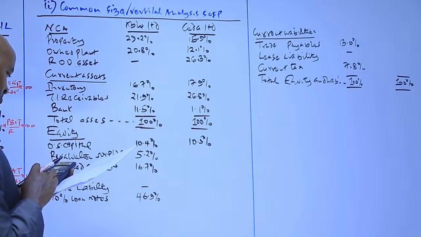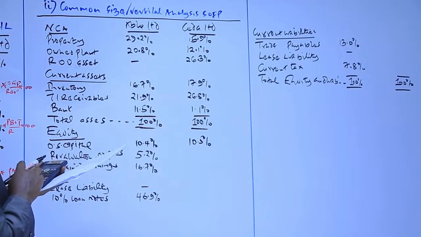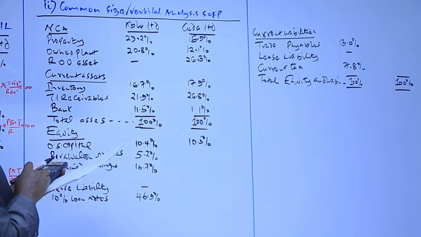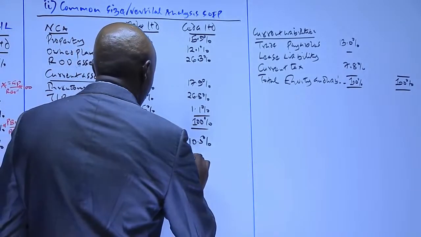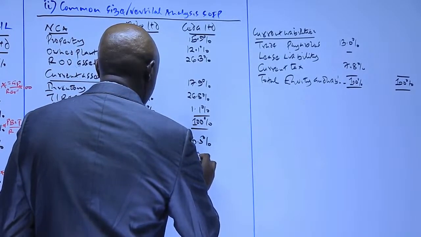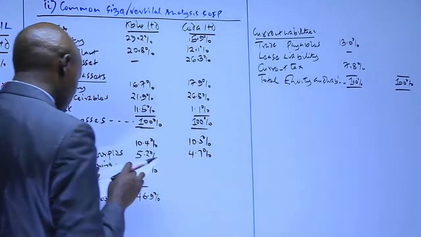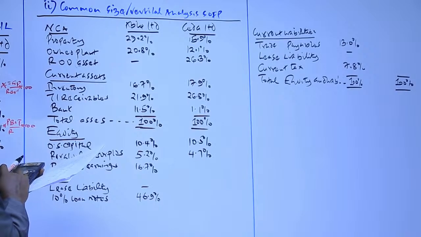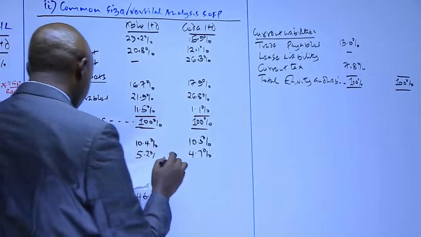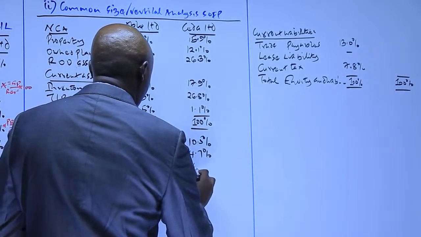Then we have revaluation surplus 150 divided by 66,500, which will give us 4.7 percent. Retained earnings, we have 9450 divided by 66,500, which will give us 14.2%.